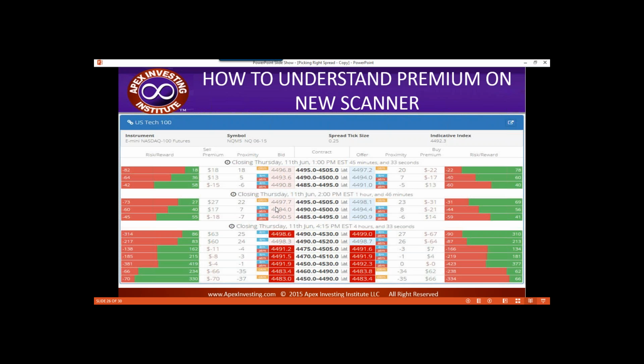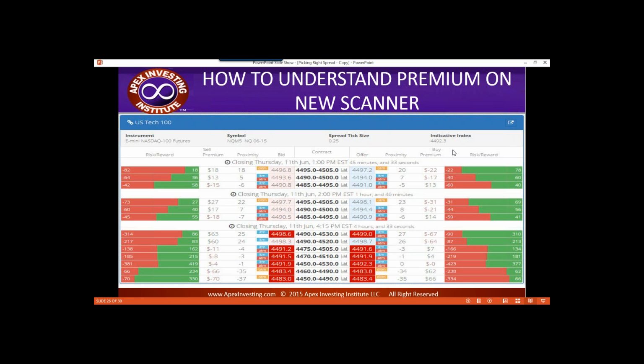Let's take a look at an example on this scanner. You see this section here, buy premium, sell premium. This is the buy side, this is the sell side. You see right here, -22. What does that mean? Look at this spread. It goes from 44.95 up to 45.05.